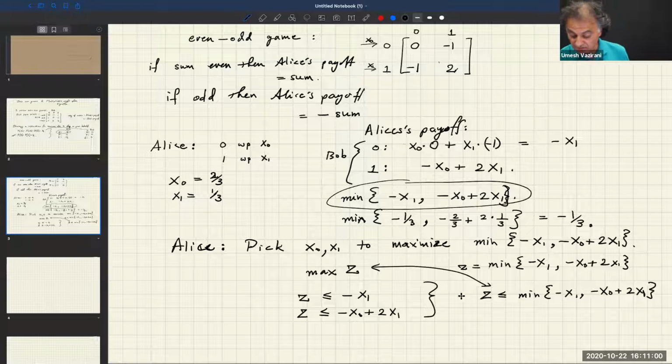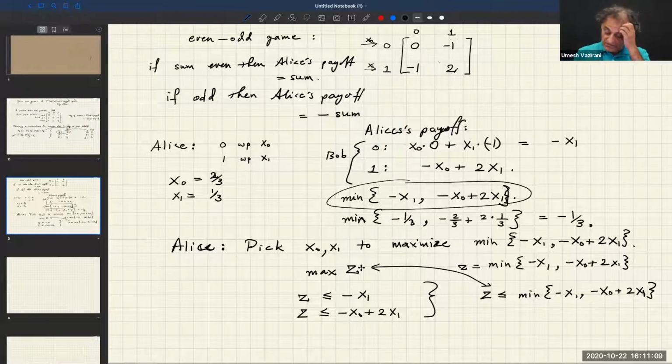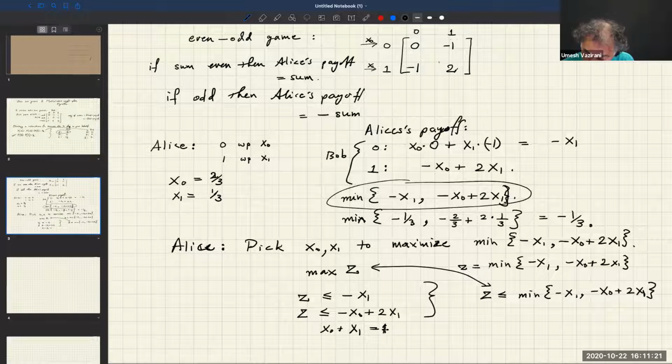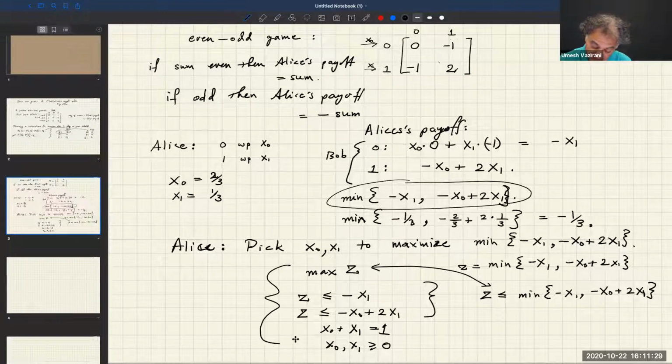These two inequalities tell us that z must be smaller than or equal to, but since we are maximizing, it must actually be the minimum. But now x1 and x0 are free right now, and these are supposed to be probabilities. So x0 plus x1 must be equal to 1, and x0 and x1 must be at least 0. And this is our LP.